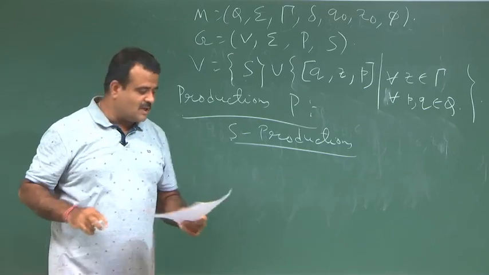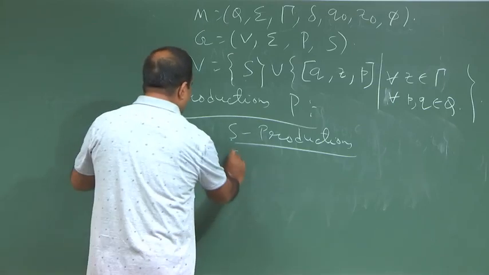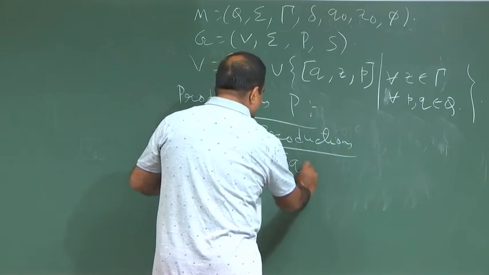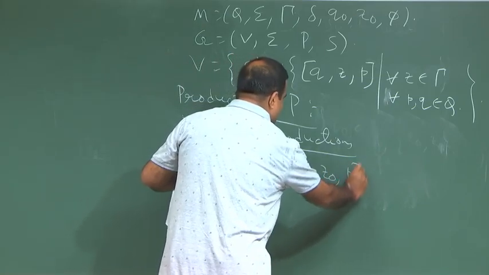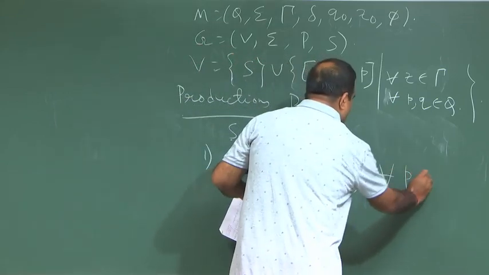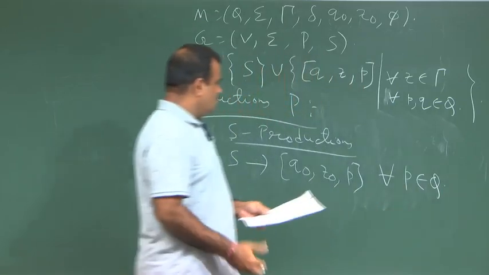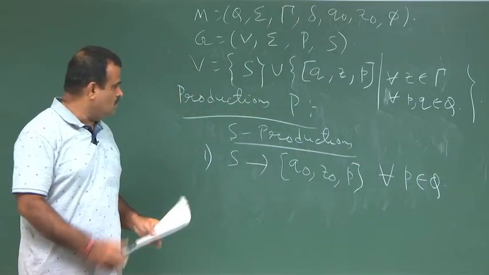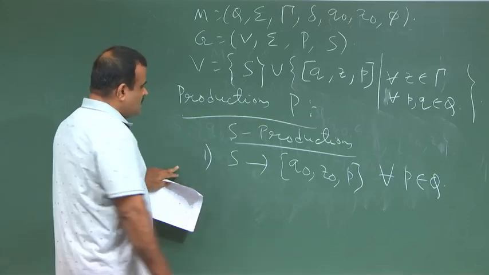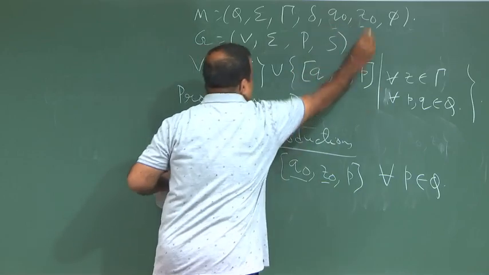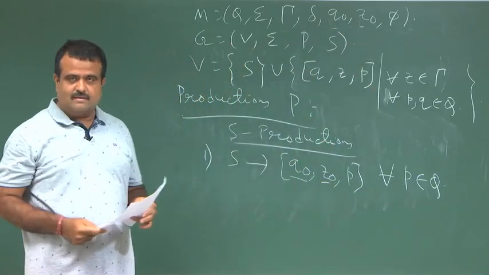For the S productions we have rules like this: S goes to Q 0 Z 0 P, for all P belongs to Q. So these two are fixed, coming from Q 0 and Z 0, and P we are varying.